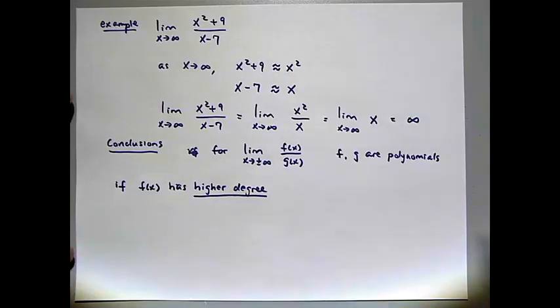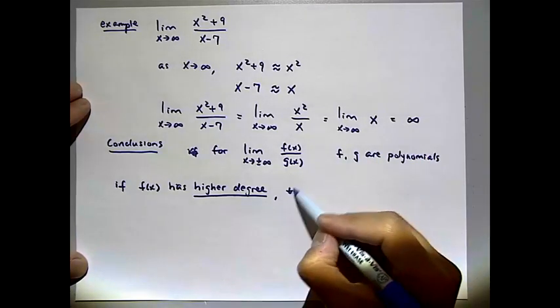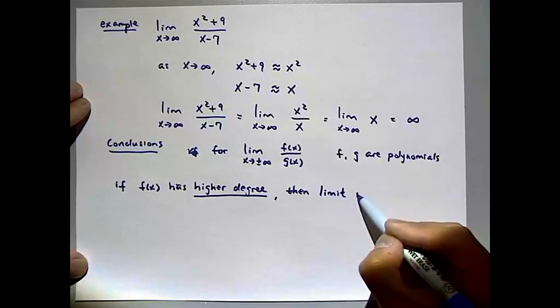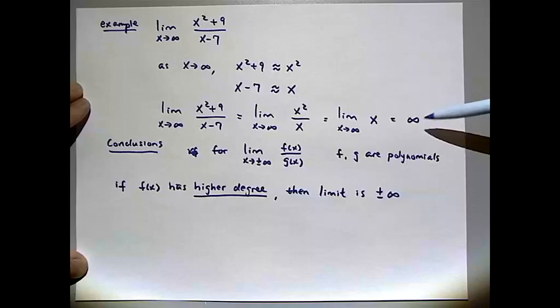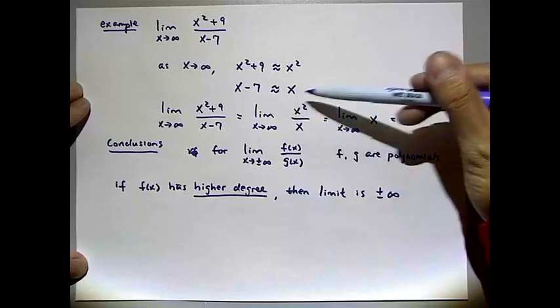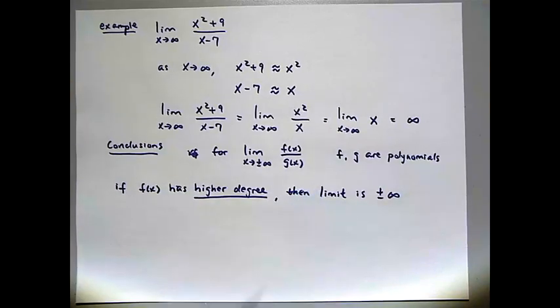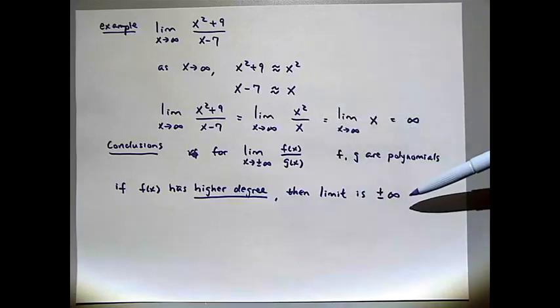If f of x has higher degree than g of x, of course, then the limit is either infinity or negative infinity, depending on the sign of that ratio. It'll go to a very large number or a large negative number. If my overall ratio is negative, then eventually it'll push to negative infinity.